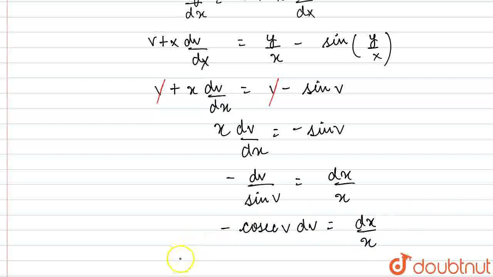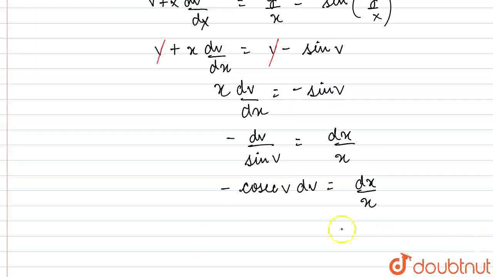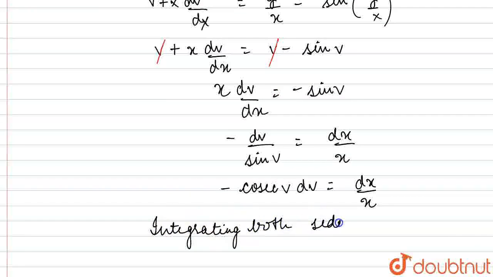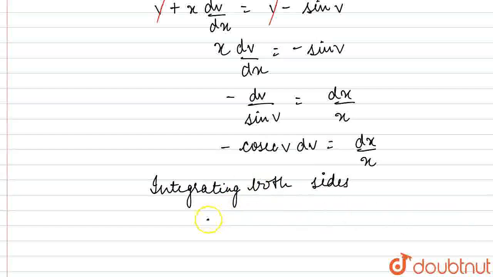Now since we have separated the variables, we'll simply integrate both sides. So on integration this will become minus integral of cosec v dv is equal to integral of dx by x.